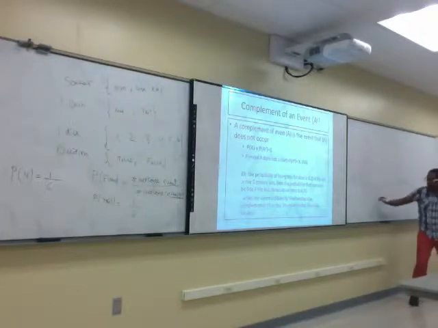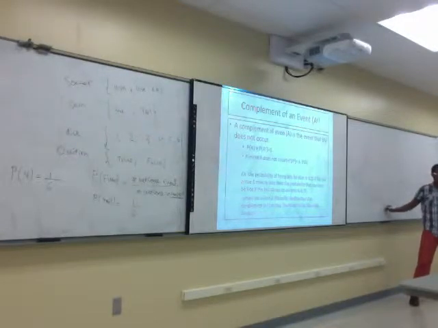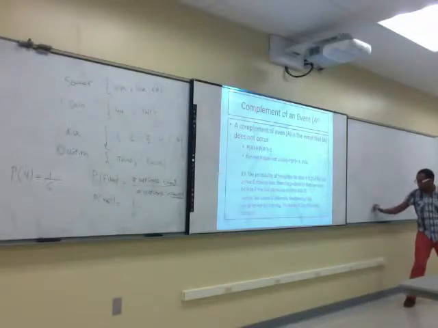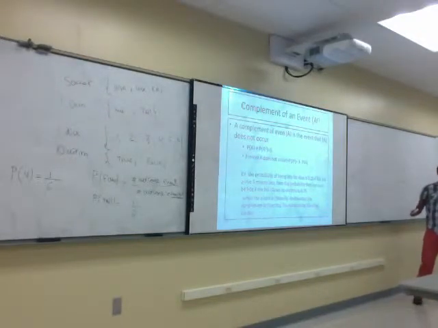Before I give you the definition, I have one coin that I'm tossing, with either head or tail as the possibility. Okay? If I'm only interested in the probability of getting head, the complement will be tail.